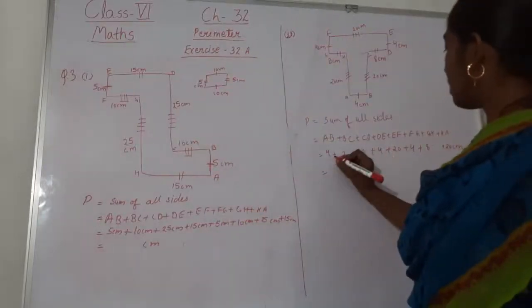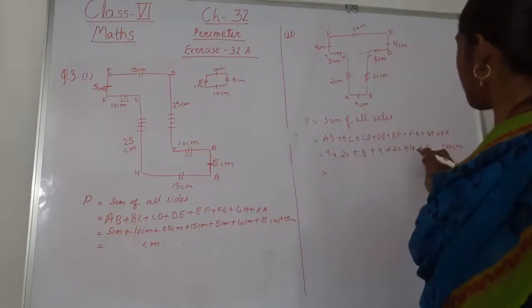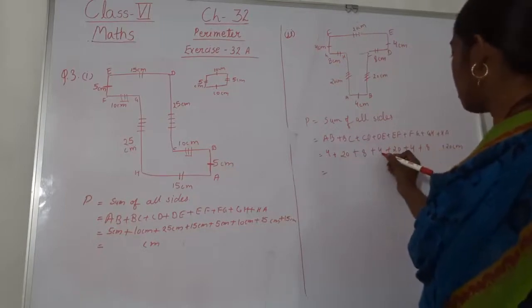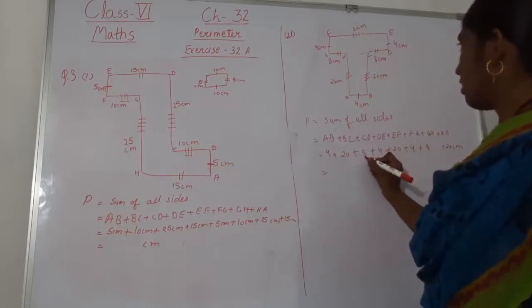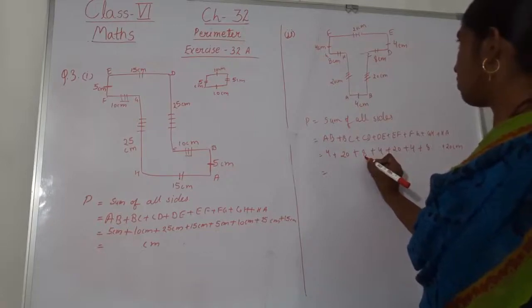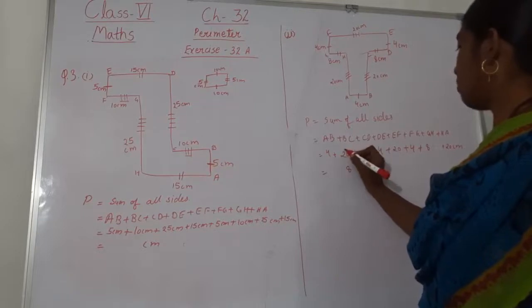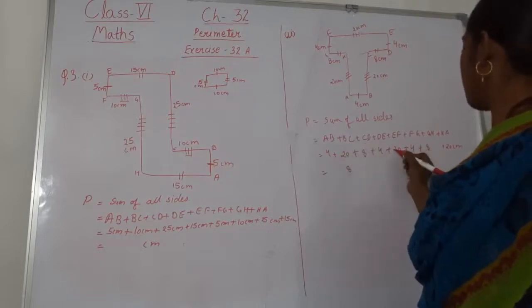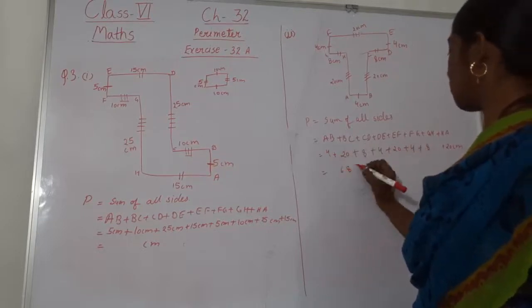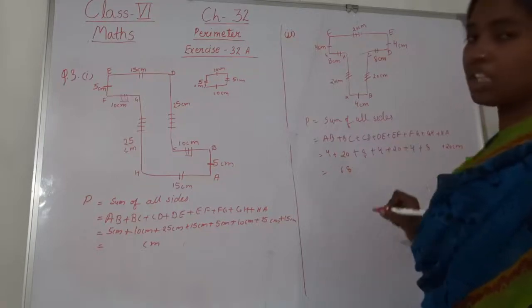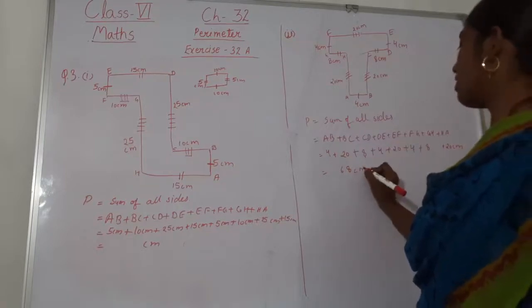Now do the addition. 4 plus 8, 12, 16, then 24, 28, carry 2, 4, 4 to 6, and the unit will be the same as that of the length, centimeter.